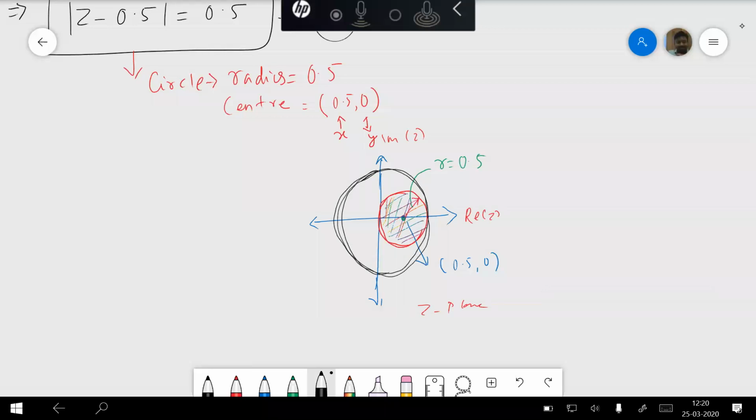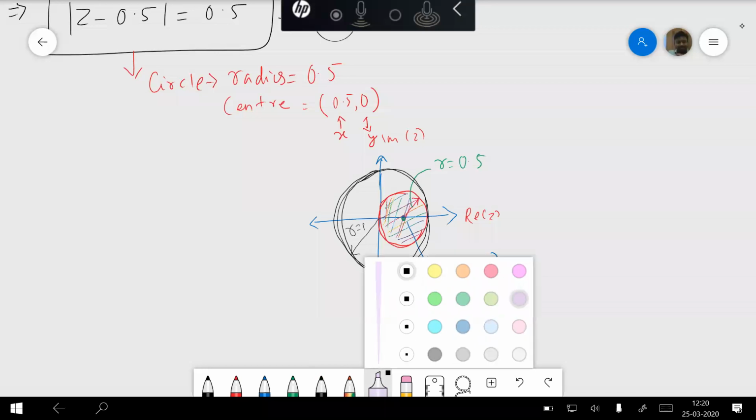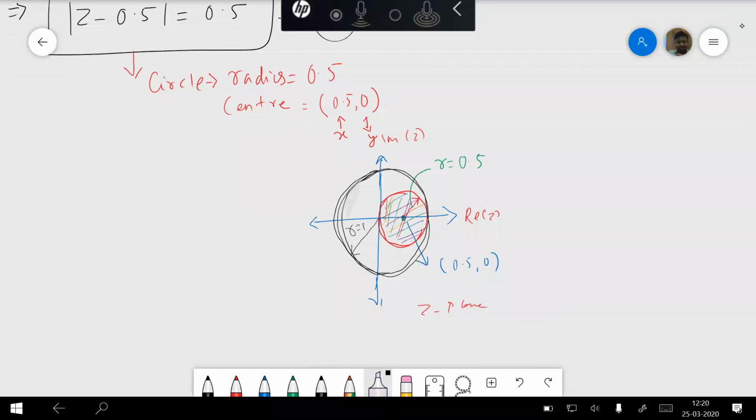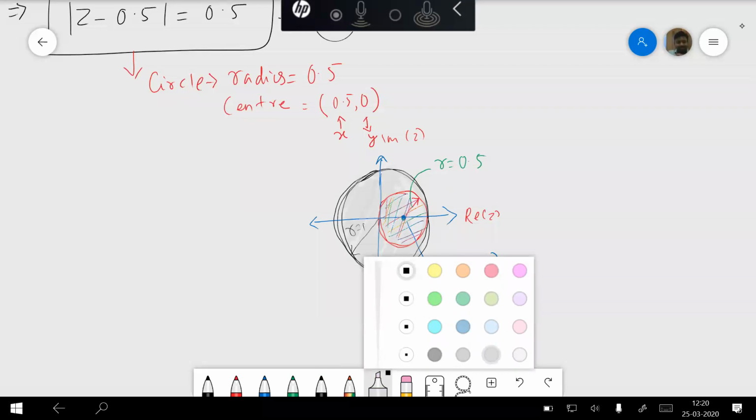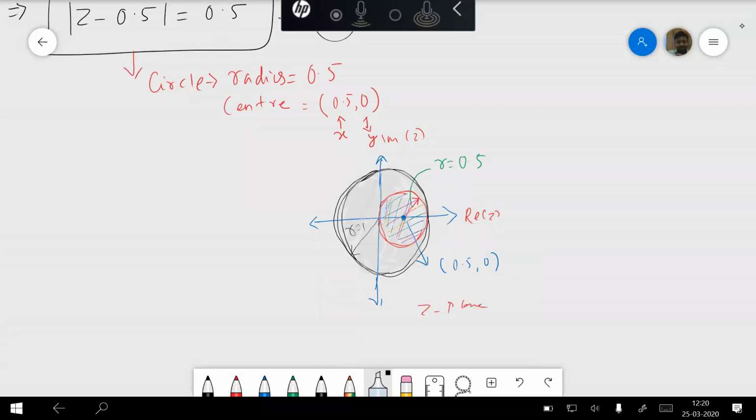This is my unit circle, r equal to 1, correct? This gray area is my unit circle. I'm just putting a gray area, and this bluish tinted structure is my mapped area.